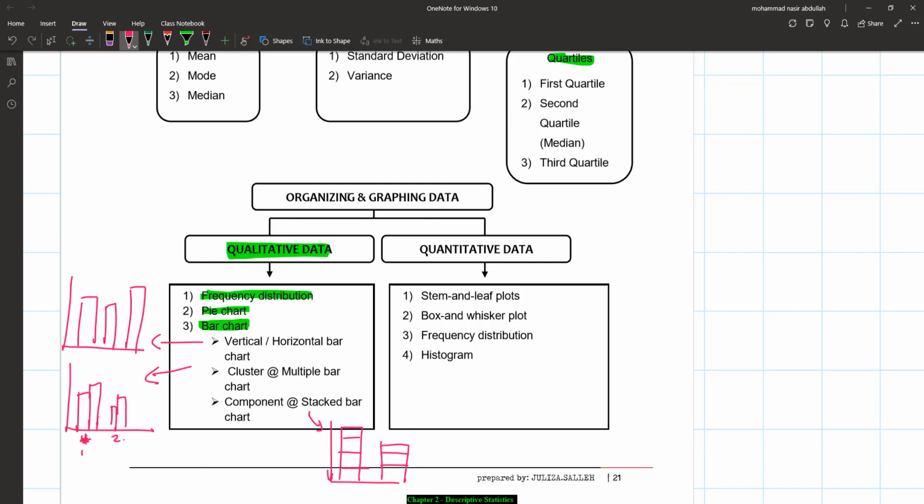For quantitative data, we're going to learn about stem and leaf plot, box plot, frequency distribution and histogram. Notice here that frequency distribution can be done for either qualitative or quantitative data.